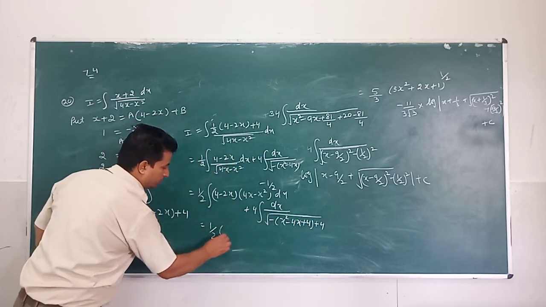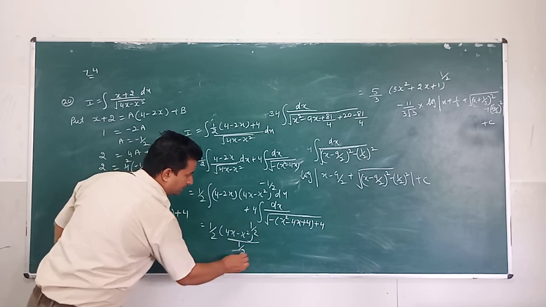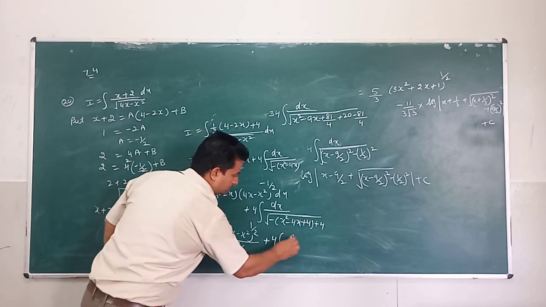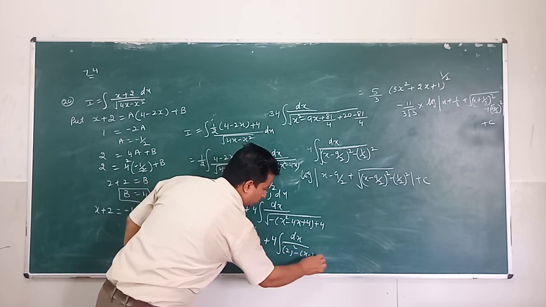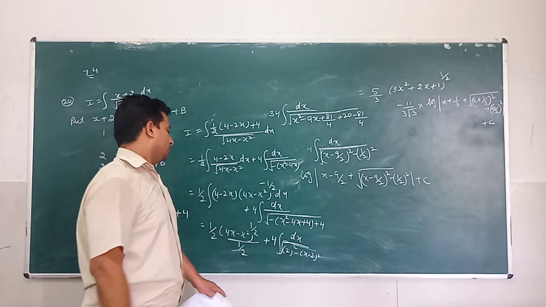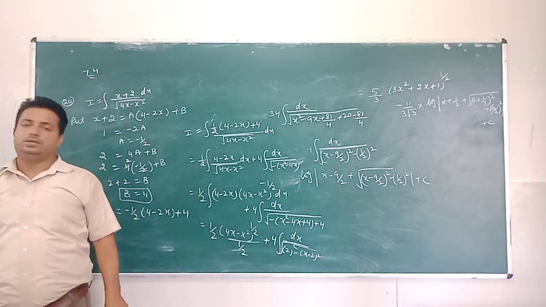So this is minus 1/2 times (4x minus x square) to the power half, plus 4 times the identity of root of 2 square minus (x minus 2) whole square. This is the formula of sin inverse x upon a. This is the answer. Thank you.